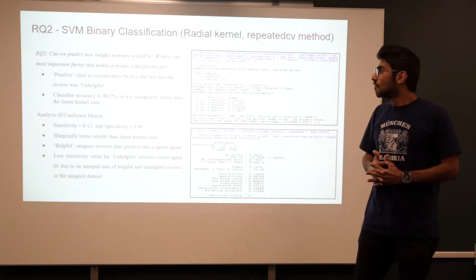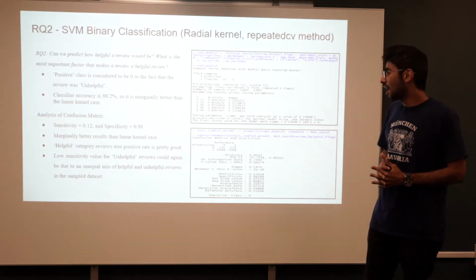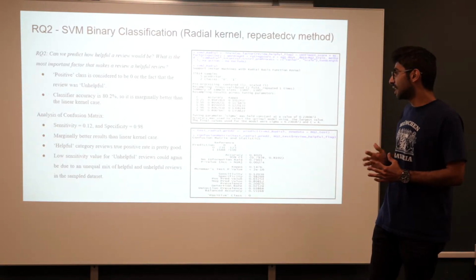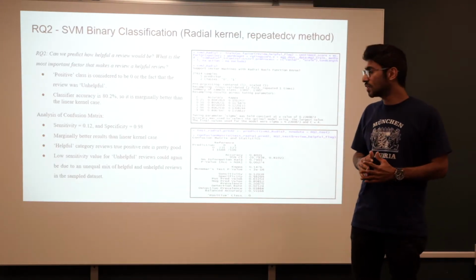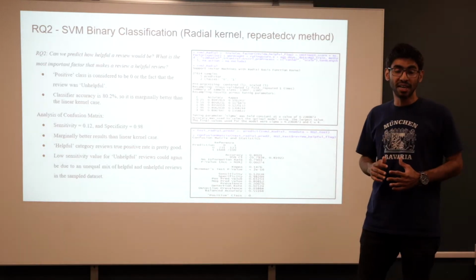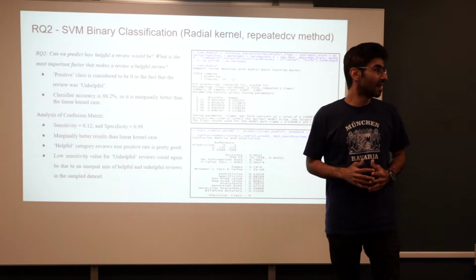For the radial case, the accuracy is slightly better. But once again, the sensitivity value is very low for the unhelpful reviews. And this is again due to an unequal mix of the helpful and unhelpful reviews in our sampled data set.